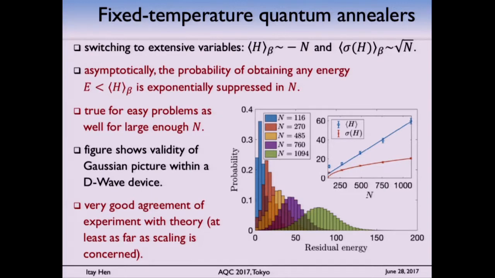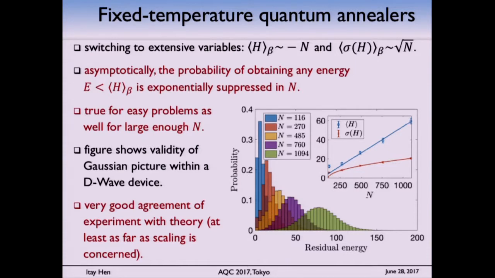So look, this is actually an experiment on the D-Wave where we studied many instances, and for different values of n, as you can see, as n grows larger, the distribution becomes more and more Gaussian-like.